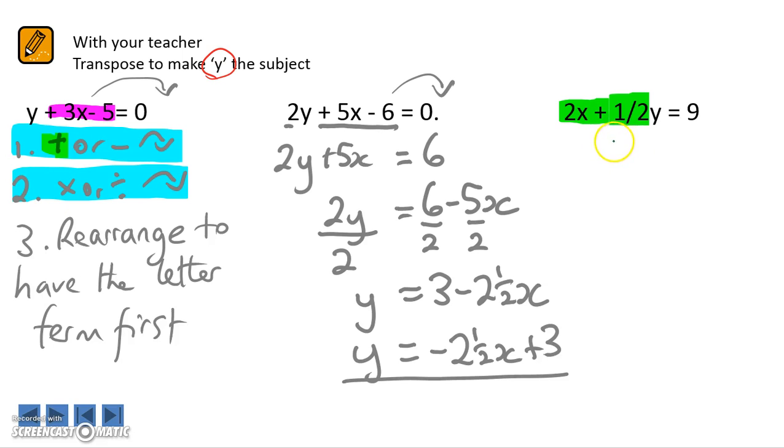So let's do that. So I'm going to copy down all the things that are staying in the same spot. And we're going to move this over. Plus 2x. When it goes over to the other side, it becomes a minus 2x. And then the next thing that we have to do is we have to take over this half term.